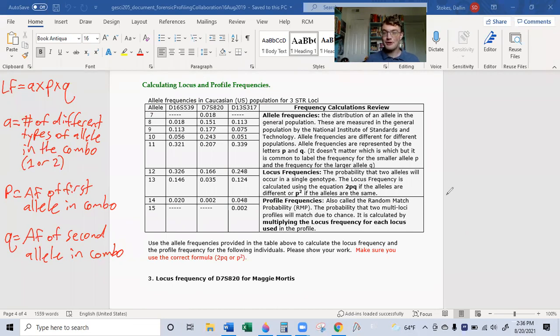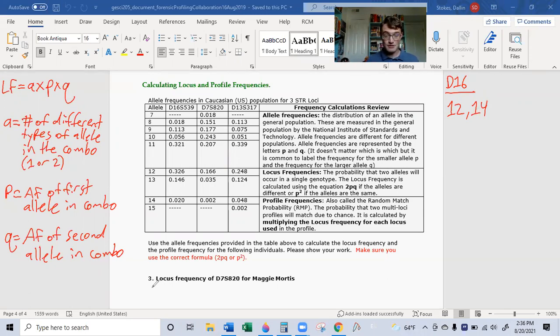Let's say I'm trying to find the locus frequency for a person that has a 12-14 combo at the D16 locus. This is just an example.